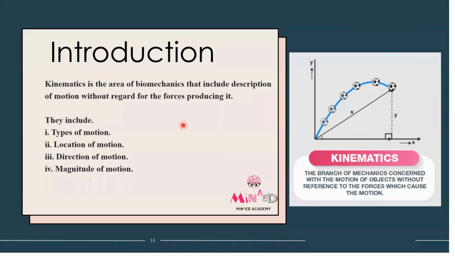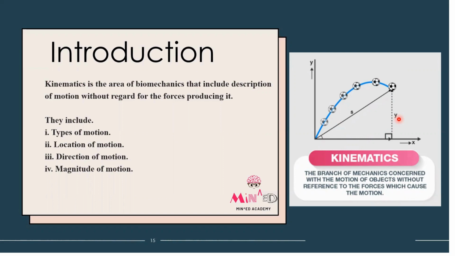Now, what is kinematics? As you can see in the diagram, it is the branch of mechanics concerned with the motion of objects without reference to the forces which cause the motion. So kinematics will deal with the motion of the object, not with the forces acting on it.